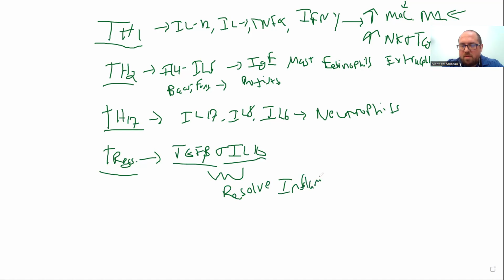So when these come into the tissue that's inflamed, the secretion of these molecules helps reduce or retract all different kinds of inflammatory cells. It is an essential component of tissue protection post-inflammation in order to resolve that inflammation. And these are the four. Now there are others, but these are the four major types of T helper cell responses.